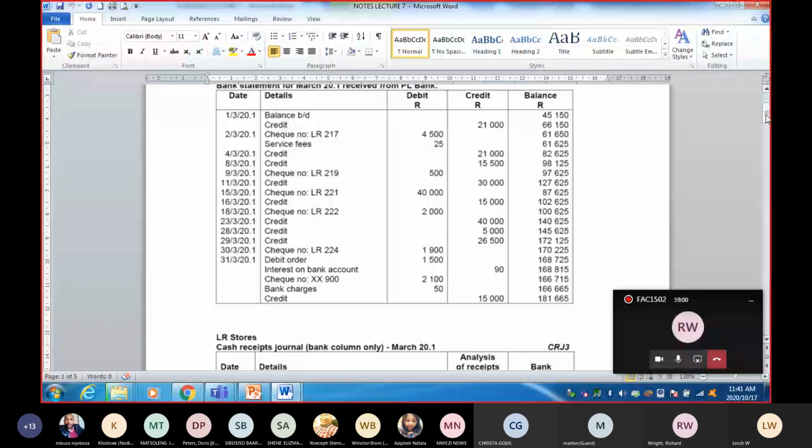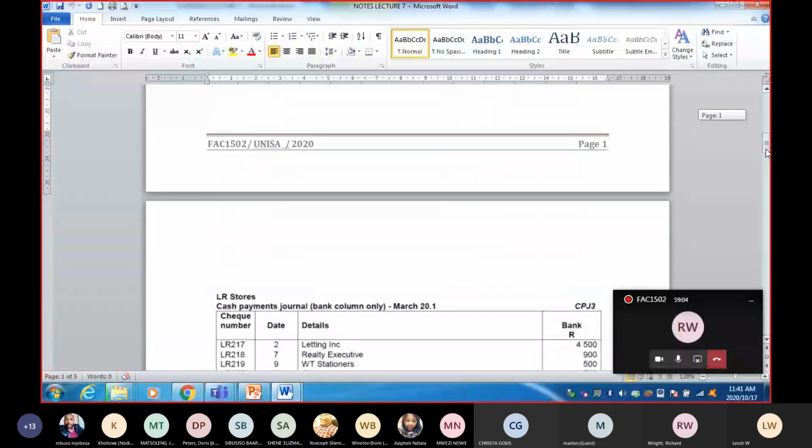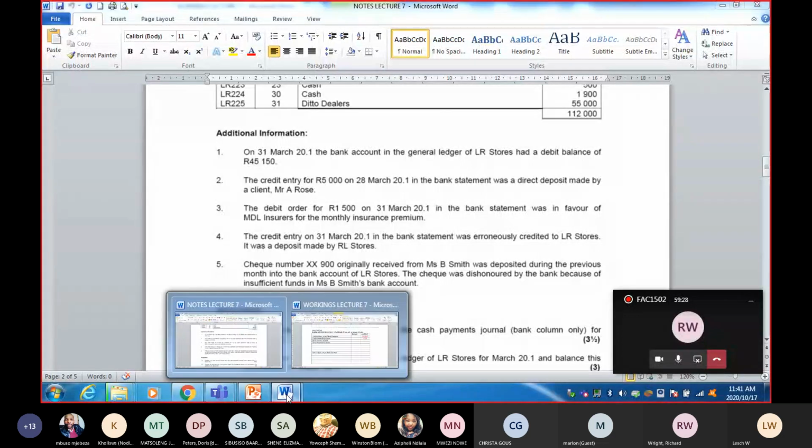First of all, the 5,000 Rand. Go to your additional information. Your additional information under number 2 states that the credit entry for 5,000 Rand on the 28th of March in the bank statement was a direct deposit made by a client, Mr. Rose. So we haven't got that information in our cash receipts journal.